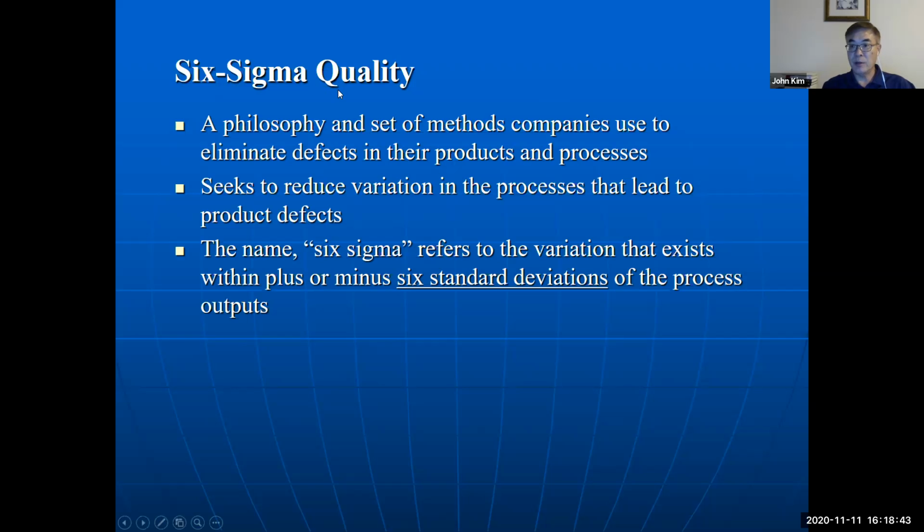So Six Sigma quality means a philosophy and set of methods companies use to eliminate defects and try to make their product and process better. Six Sigma comes from the statistical term, six standard deviations.